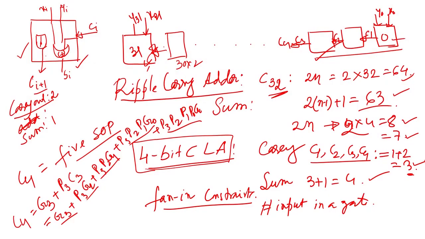In the same fashion as the single bit ripple carry, we can also form a ripple CLA. Earlier we got 63 and 64. If we use CLA instead of single bits, what will be the advantage in terms of gate delay?